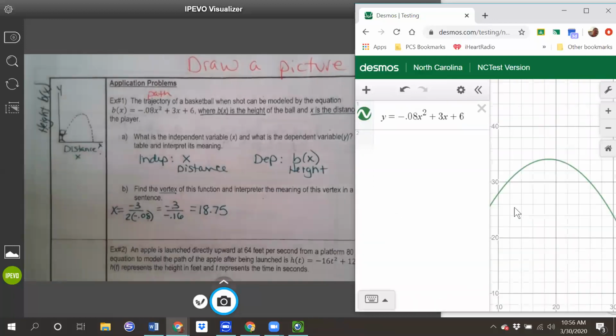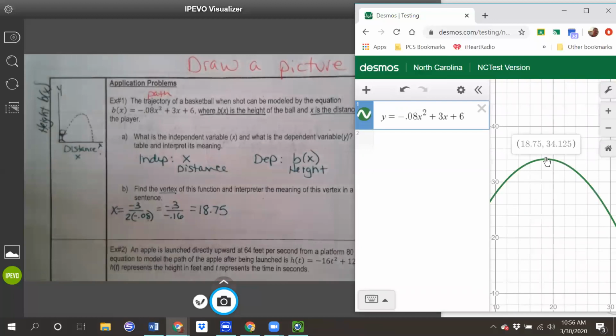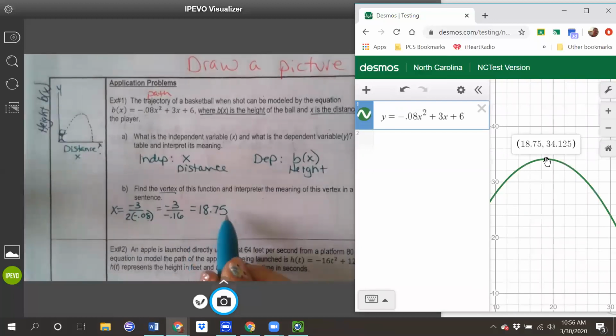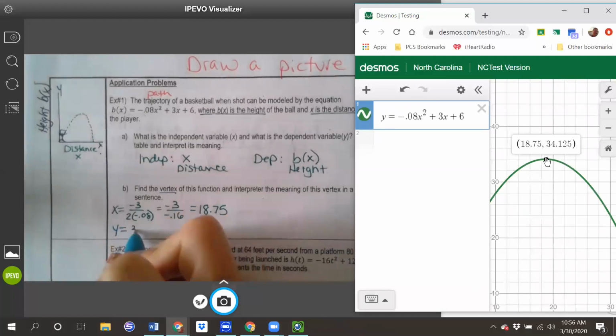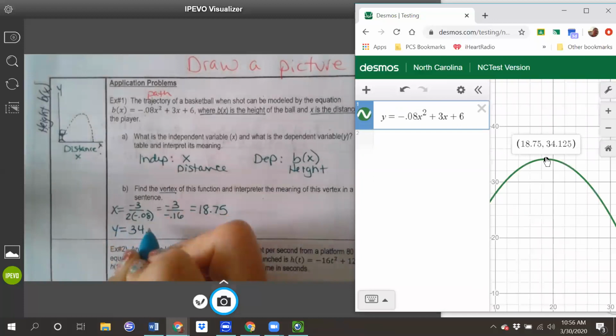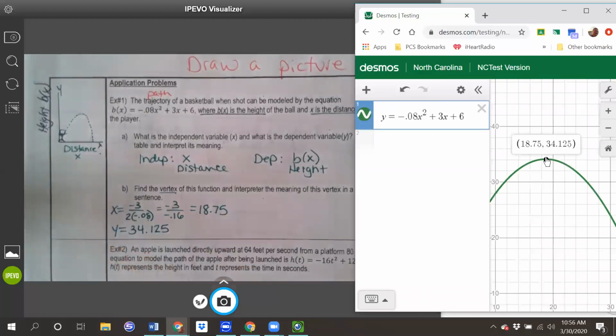So I'm going to drag, and my vertex is right there. So X is 18.75. Y is 34.125. Okay, so I'm a little bit worried that those 3 decimals have been rounded.